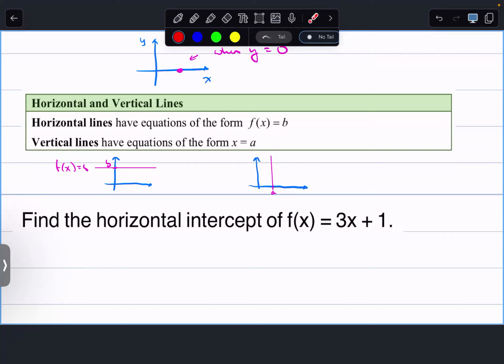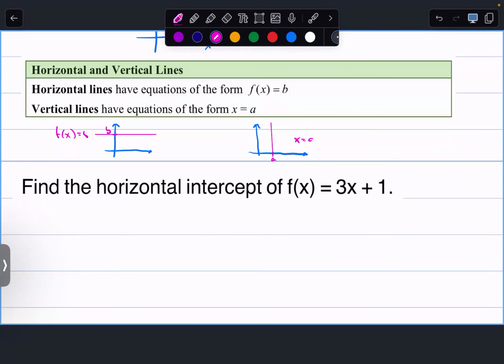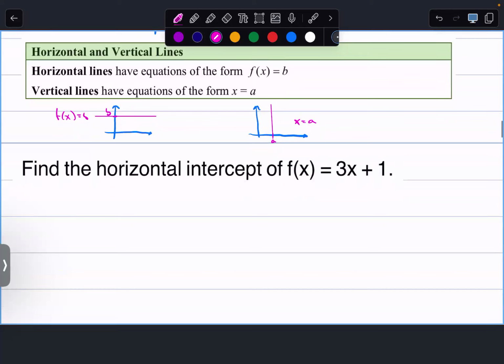And the output is going to change, sure, but x is always a. Right? Is that a function? No, right? The vertical line test, I get all possible values of y for the same input of x. So we wouldn't know where to map it to, right? So it's not a function, but that's okay. It's just a vertical line.